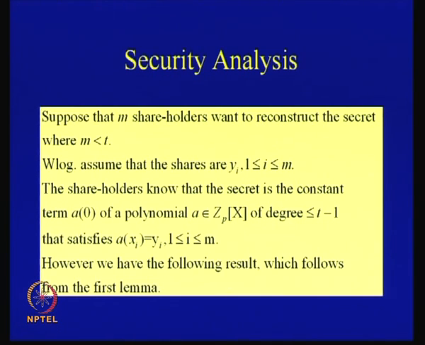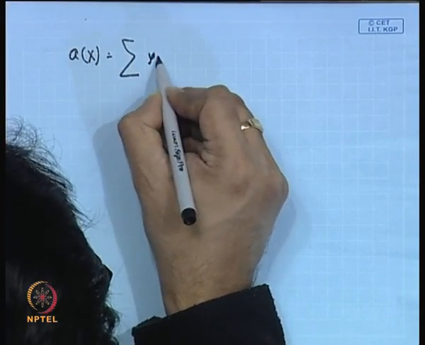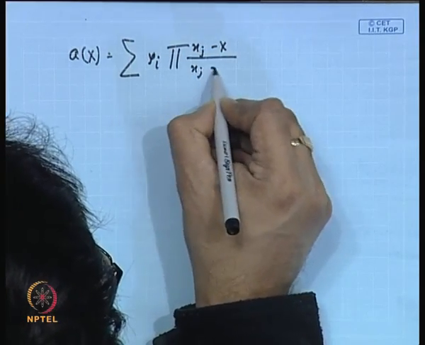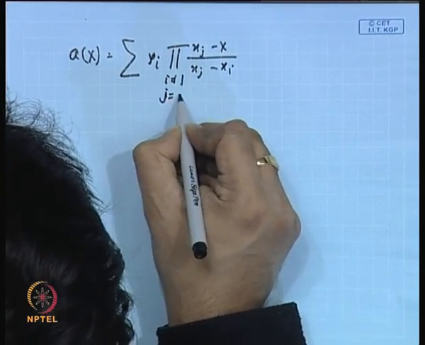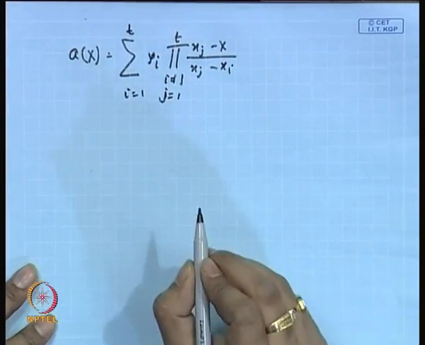So, for example, you know that a polynomial, if there are t members, then this is the corresponding polynomial, right, yi xj minus x divided by xj minus xi, i not equal to j and j equal to 1 to t, i equal to 1 to t, this is the corresponding polynomial, right.